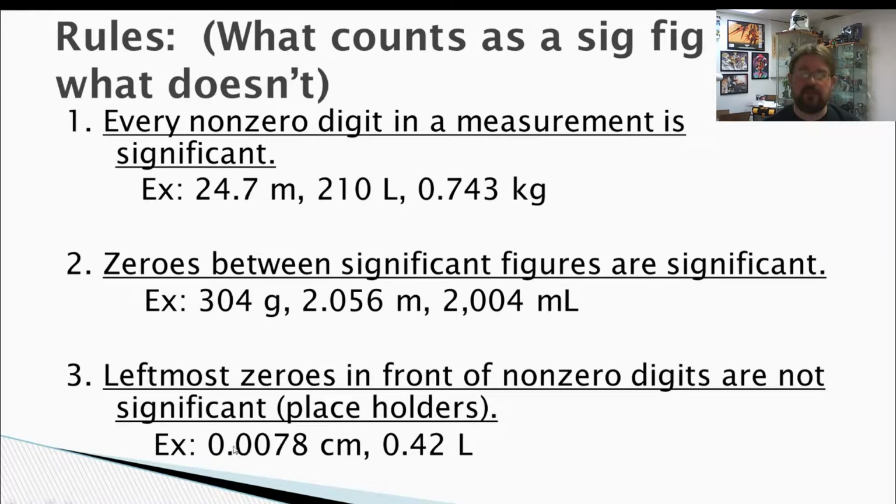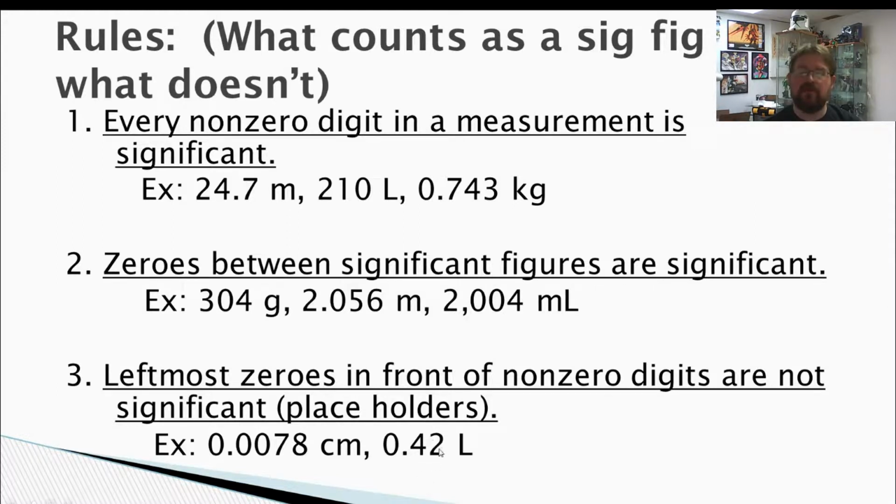These are placeholders. They are keeping the 7 and the 8 in the thousandths and the 10,000ths place. These zeros are not sig figs. They're important and have to be in the measurement, but they are not significant to the accuracy or precision. So in this measurement, just the 7 and the 8 are sig figs. That's 2 significant figures.